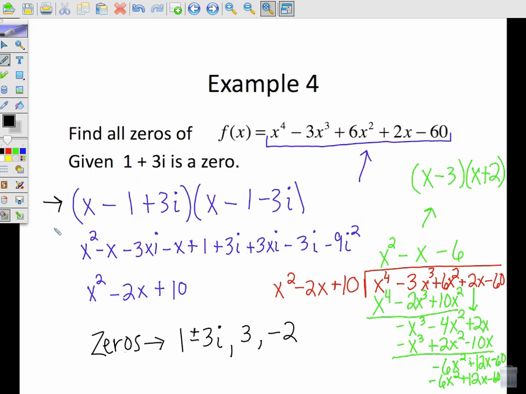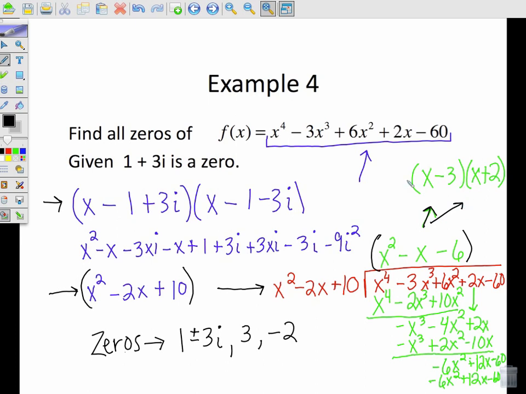All right, so here's what we've got. You're going to take your expressions right here. You FOIL it all out and multiply, and you get your polynomial x squared minus 2x plus 10. So that means this is one of the factors of the original. If you do long division, then you would be able to divide your polynomial by its factor and get another factor, x squared minus x minus 6, and we had a remainder of 0.